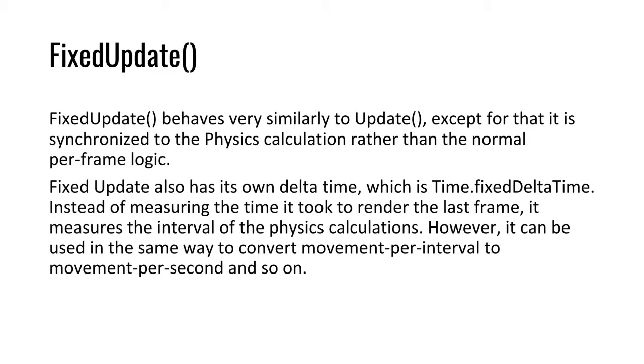Typically, you don't really need to use fixed delta time because you're setting velocities, but if you're moving something with rigidbody.MovePosition, then you might want to use fixed delta time for that. Does that make sense so far for everyone? Okay.